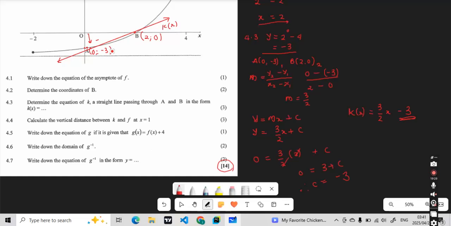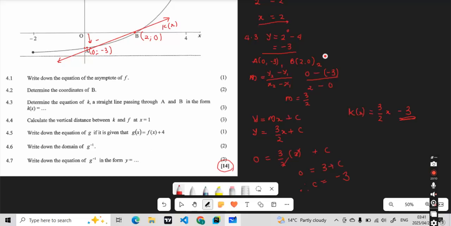They say we must calculate, in 4.4, the vertical distance between k and f at x is equal to 1. So to do that, you're going to equate k of x... okay, no, we will first have to find the k of 1 as well as f of 1.